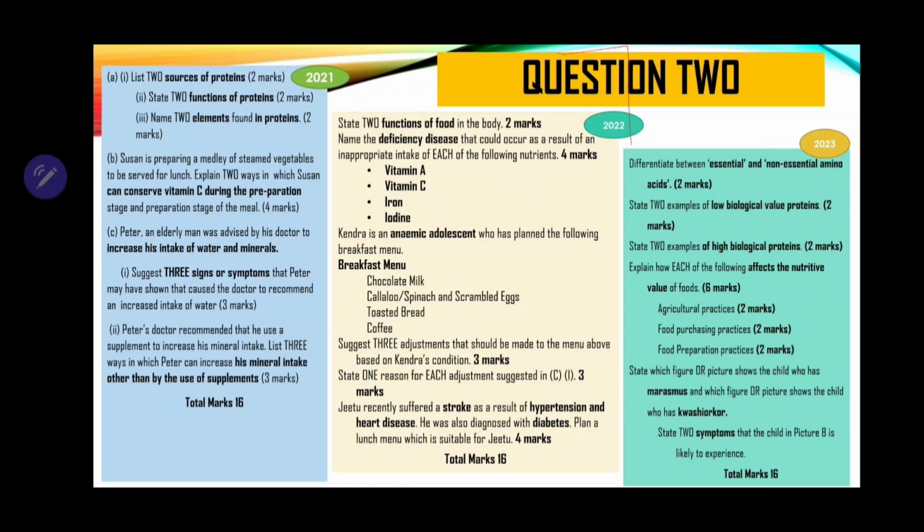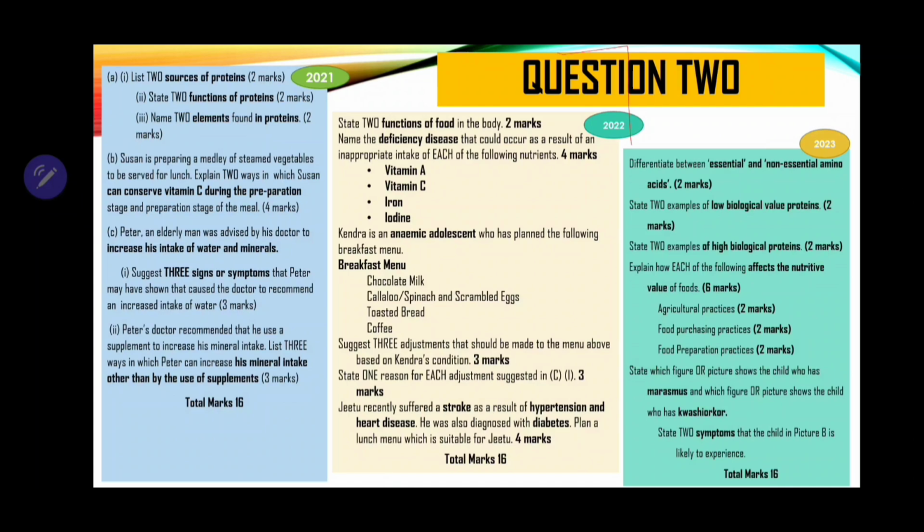So young girls or young women during the menstrual cycle, all of that. So in answering questions like these, we must know the importance of calcium and iron to these special groups and how we can include them in the diet, right?